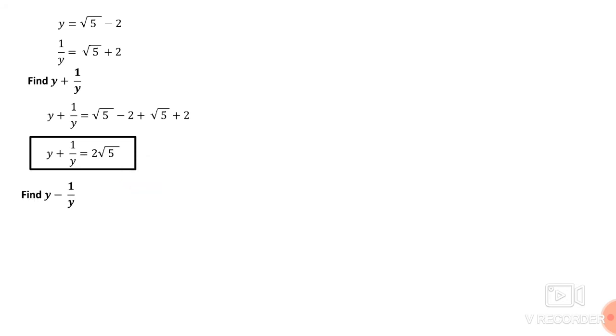Now we will find y minus 1 upon y. Using the same values, we will subtract them. This is the value of y square root 5 minus 2 minus, this is the value of 1 upon y square root 5 plus 2. Okay. To open the brackets, we have to multiply both the terms with this minus sign.